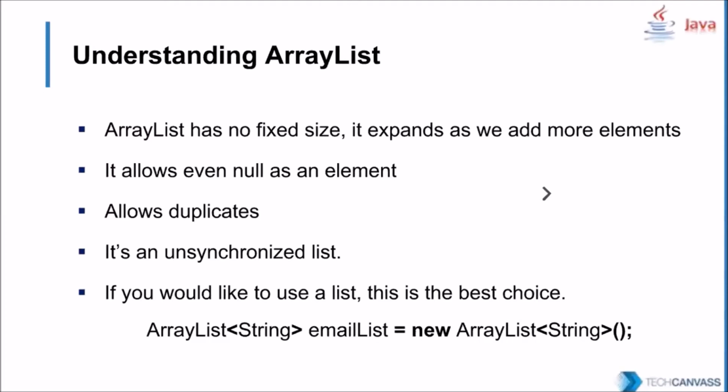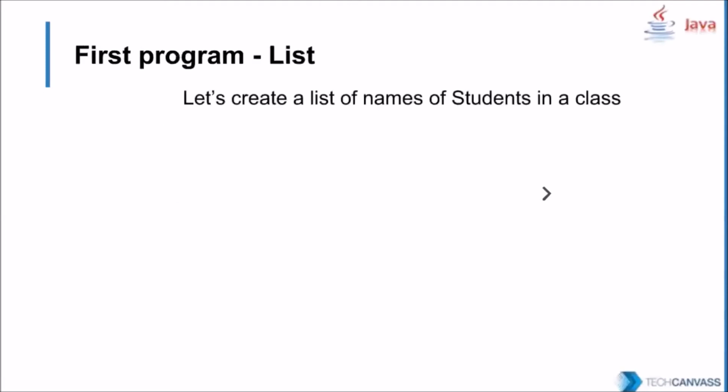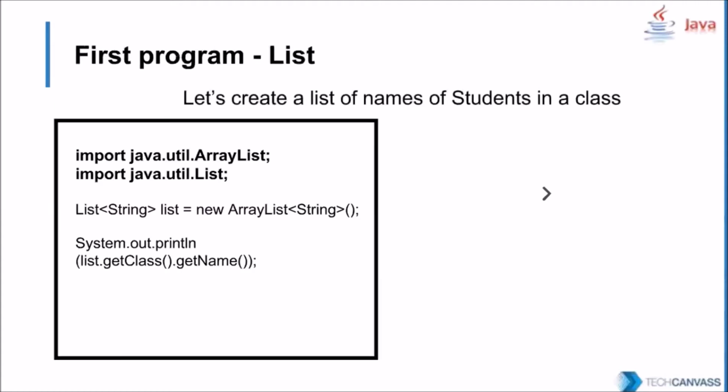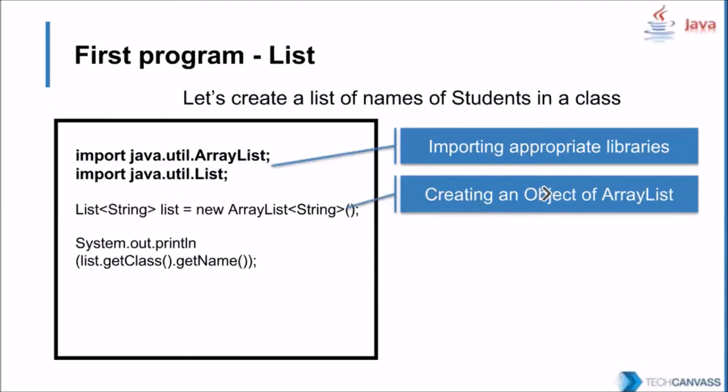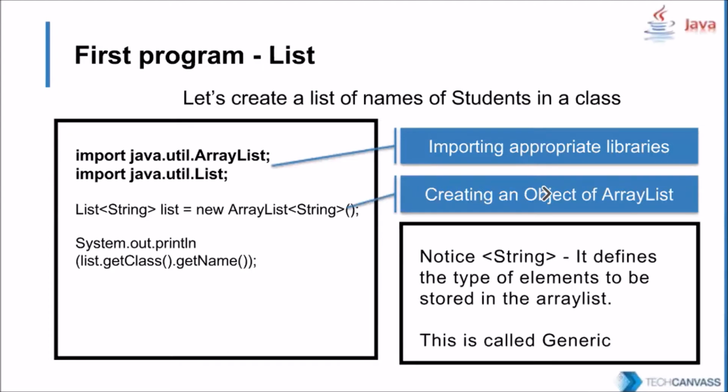Okay. So that was array list. This is just another example of array list. Now there is one more method over here, list.getClass().getName(). What this does is it actually gives me the class name of the list.